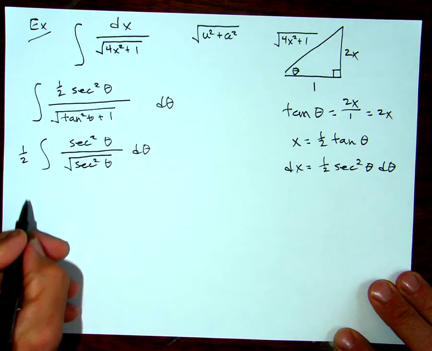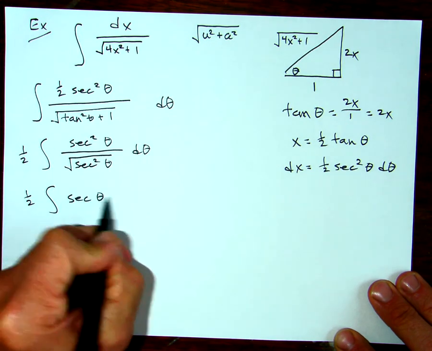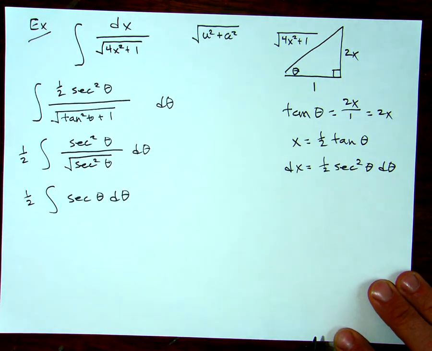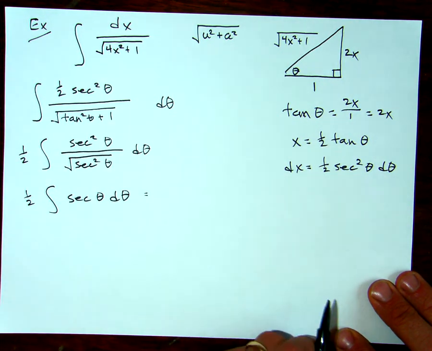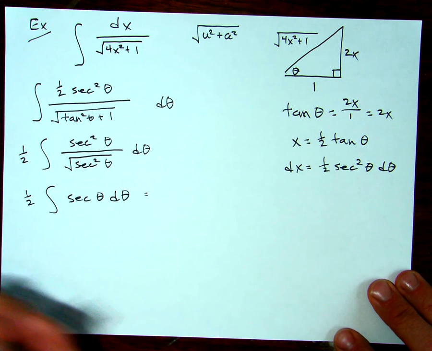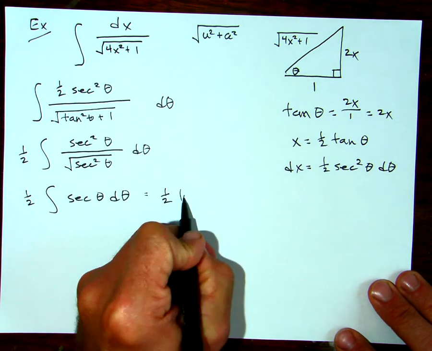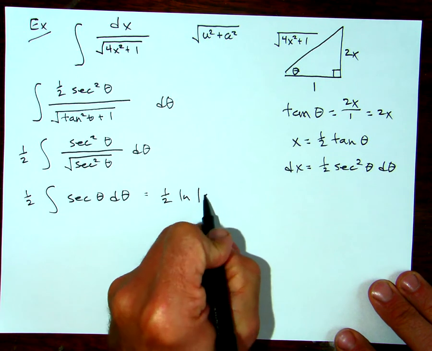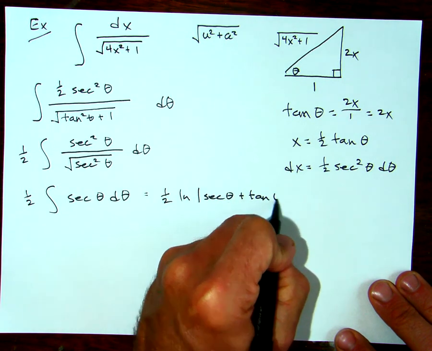So now I have 1/2 integral of secant theta d theta. All right, now you may or may not remember what the integral of secant is, but it's always something you can look up. It's probably worth knowing. So I'm just going to tell you what it is. It's the natural log of the absolute value of secant theta plus tangent theta.